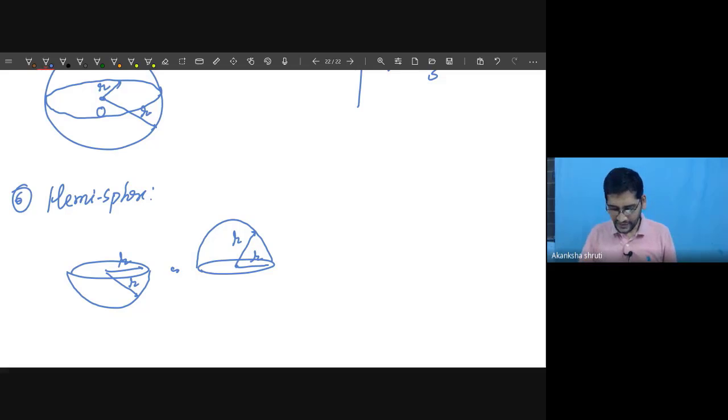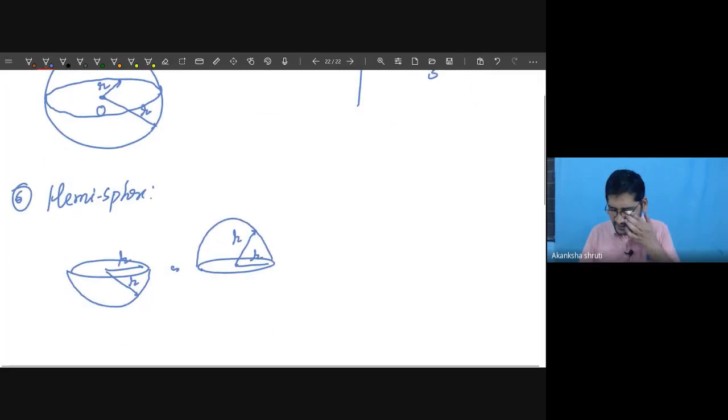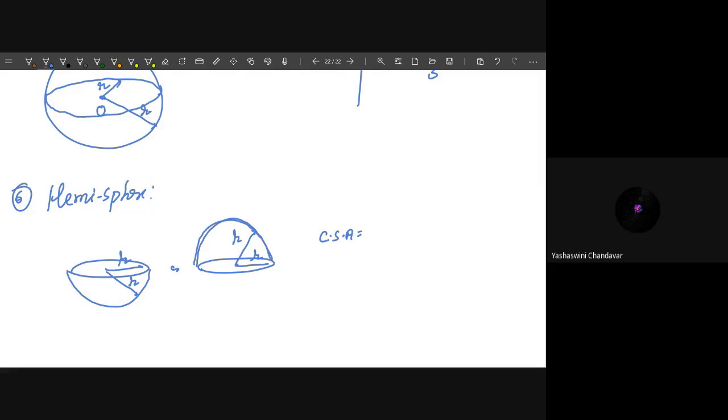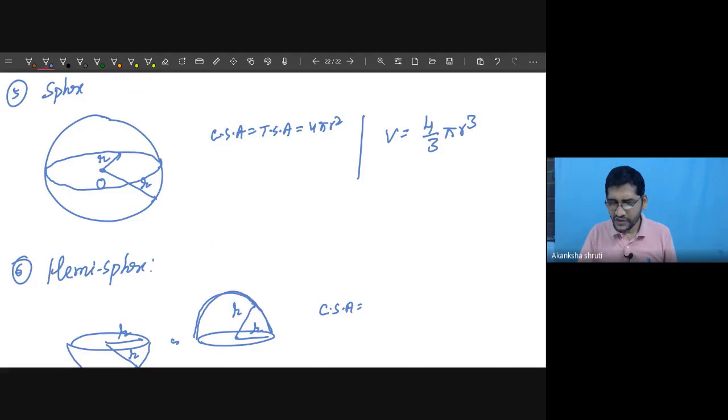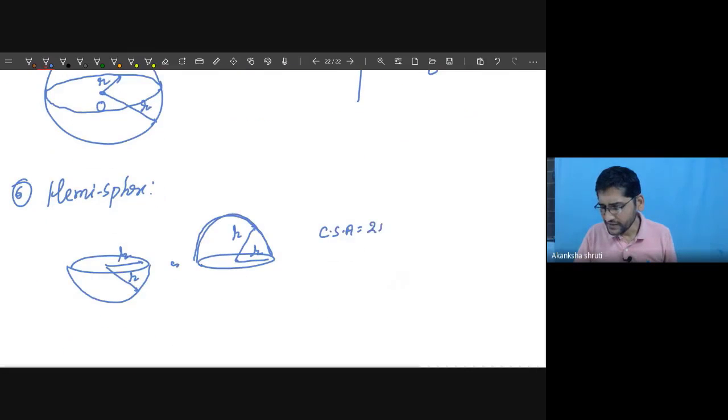In this case, the CSA is half of the sphere, meaning 2 pi R square only. But for the TSA, one more pi R square gets added because of this base. So it becomes 3 pi R square.